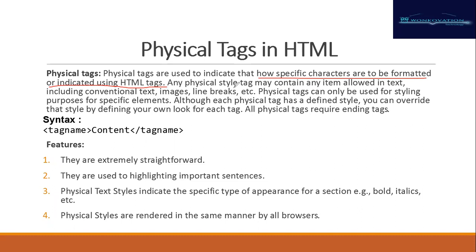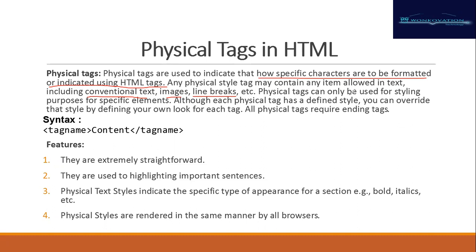Physical style tags may contain any item allowed in text, including conventional text, images, line breaks, etc. Whatever effect is applied on that text using these tags, they are known as physical tags.